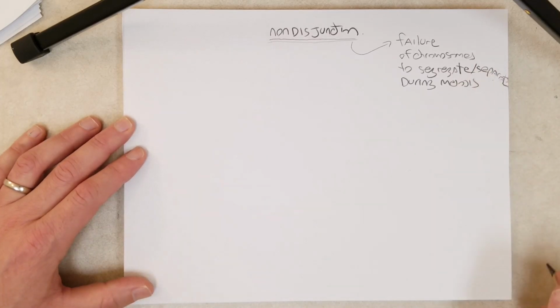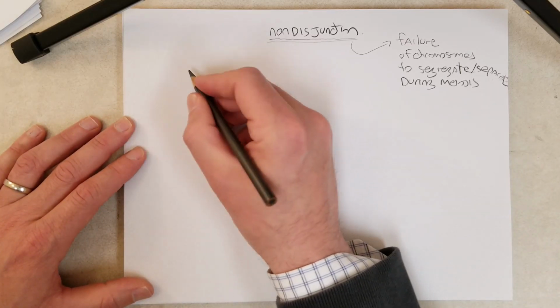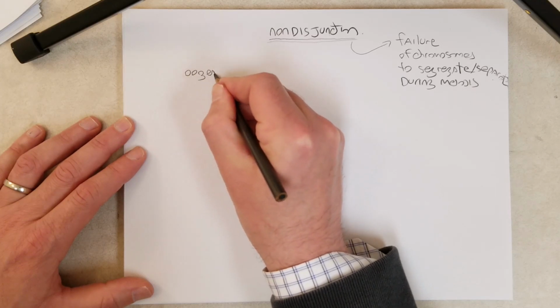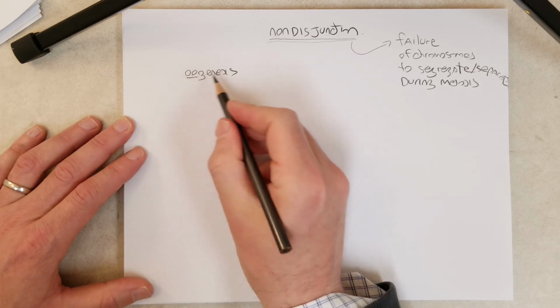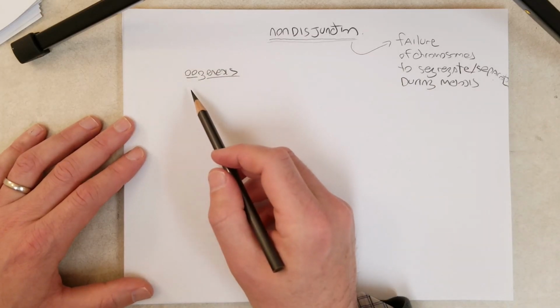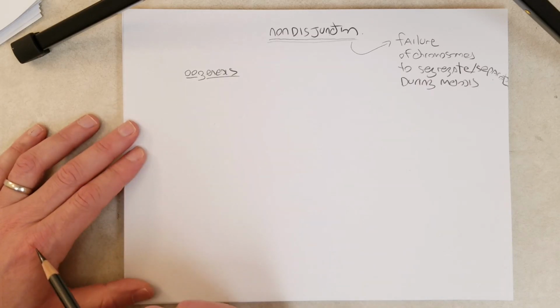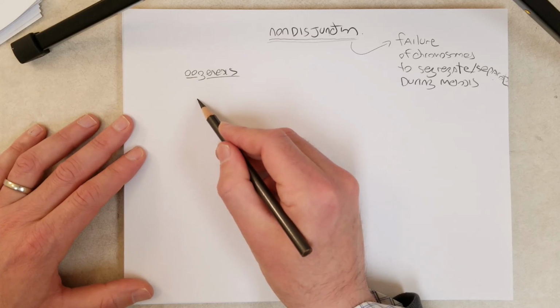Those terms are so similar. And maybe it's best for me to just show you what happens. So let's take, say, oogenesis. This process, oogenesis and spermatogenesis, that we introduced, I think, in the second lecture of this course, turns out to be really important. We come back to it throughout the semester over and over again.